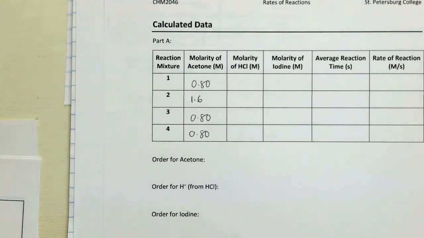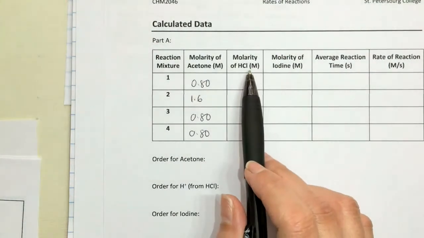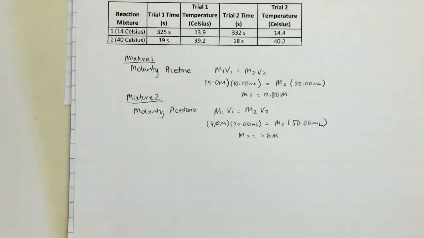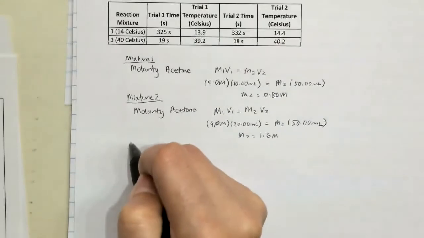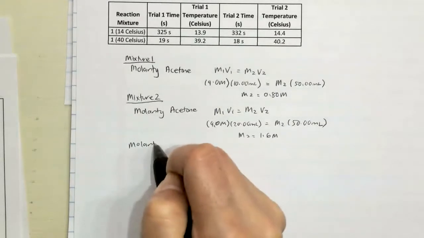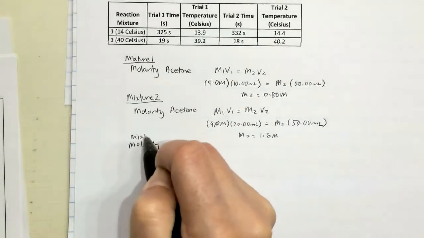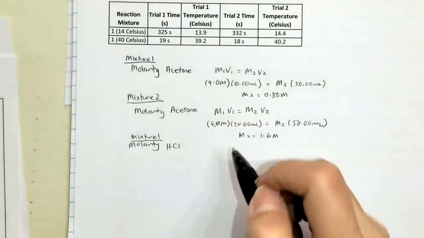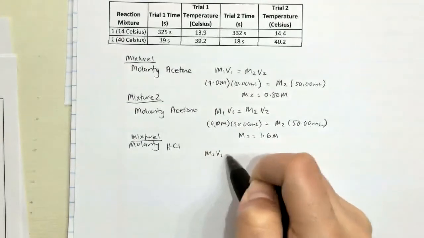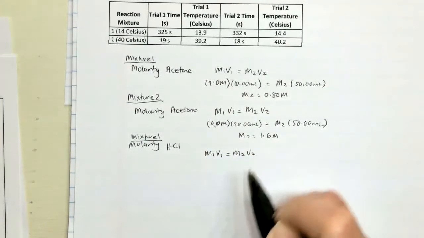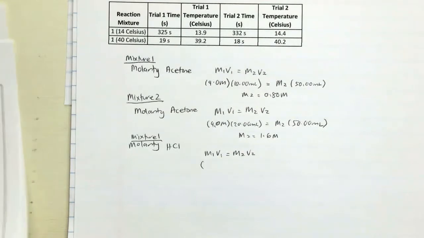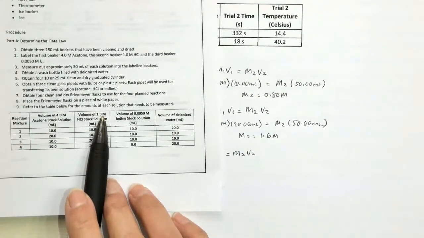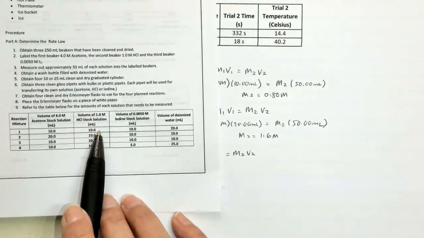So the next thing I can do is the molarity of HCl using the same formula. So we'll do mixture 1. M1 V1 equals M2 V2. So my M1 is, from my procedure, 1 molar of HCl. My V1 is 10.